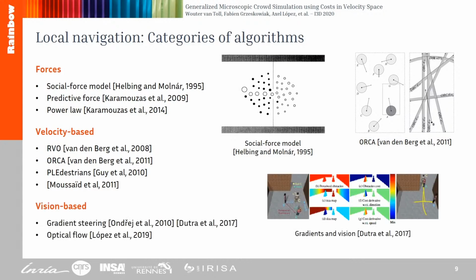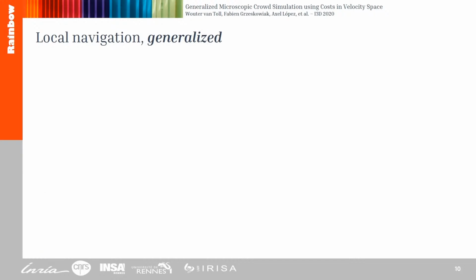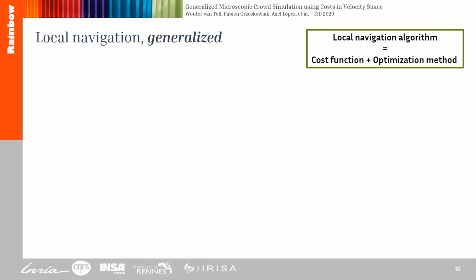And finally, there's a category that you could call vision-based, where you try to approximate what an agent actually sees via rendering techniques, for example, and then use this information to update the agent's velocity. But in this paper, we show that all these different principles can be generalized as follows. You can say that a local navigation algorithm is a combination of a cost function and an optimization method.